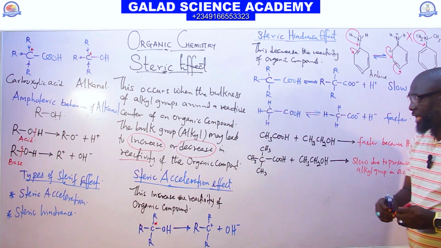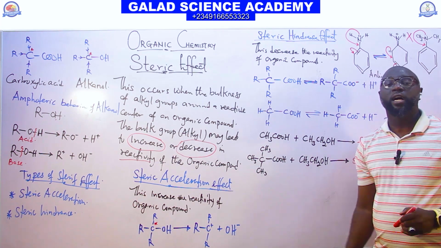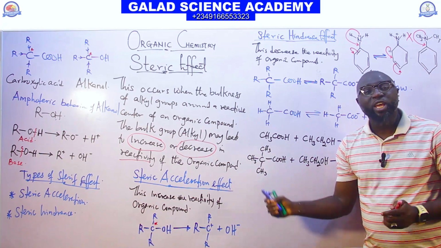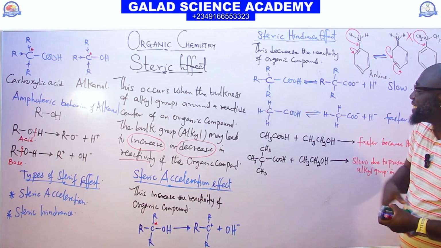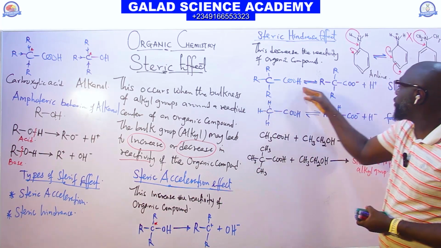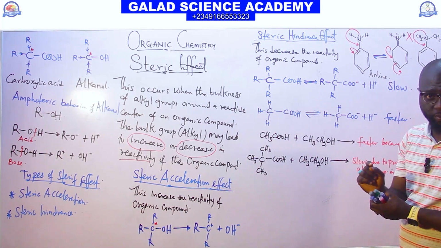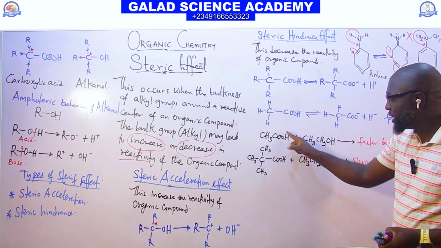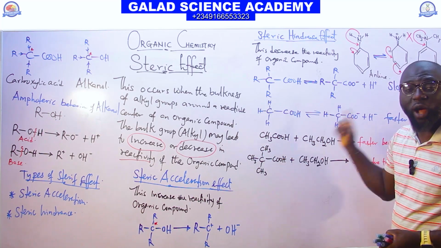What is the acid here? Carboxylic acid. The bulkiness of the alkyl group we have here will reduce the efficiency of ionization of this H. But here, there is nothing that will disturb the H ion from ionizing.